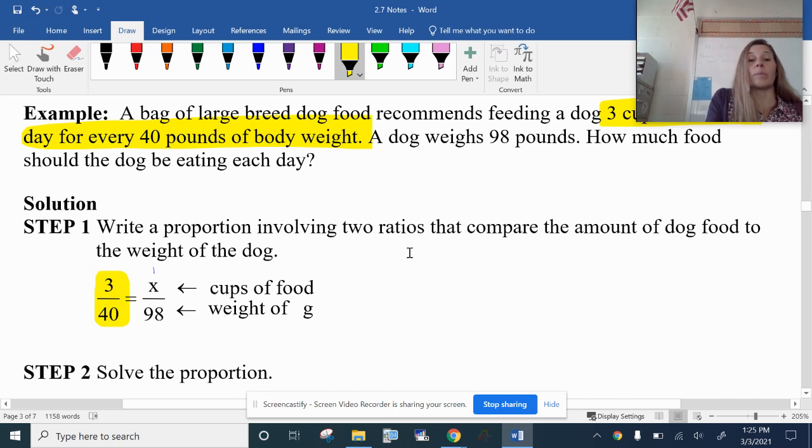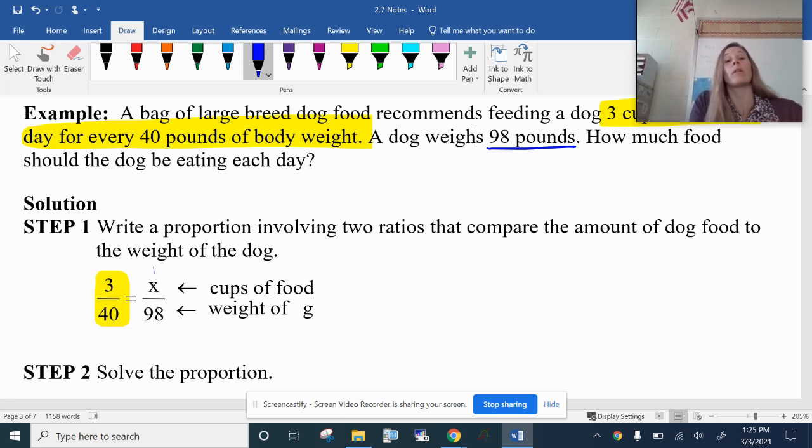Because I put the cups of food on the top and the weight of the dog on the bottom, I'm going to have to stay consistent when I do that on the other side as well. So on the other side, I have 98 pounds. That tells me I'm going to have to put that 98 on the bottom since I put pounds on the bottom on the left.